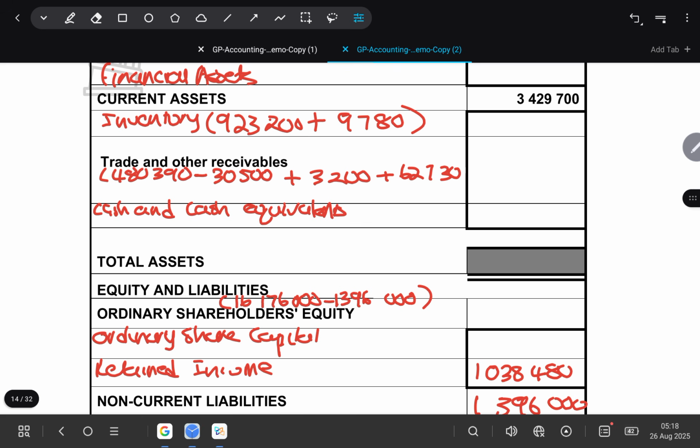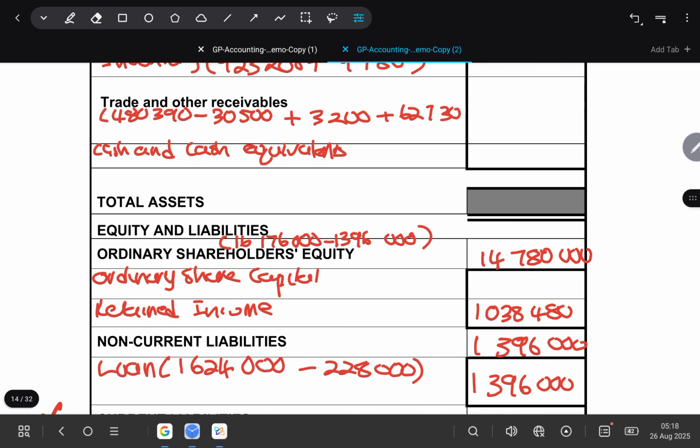Okay, so 16,176,000, then we minus 1,396,000. It gives us 14,780,000. So this simply tells us that our ordinary share capital will be the difference between the two.